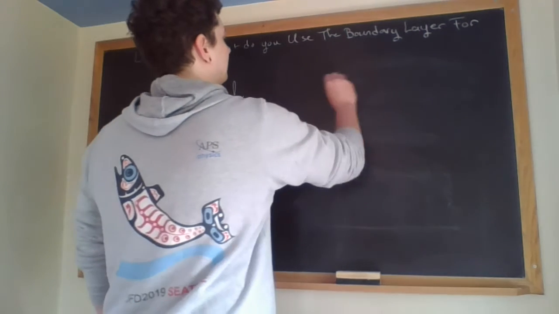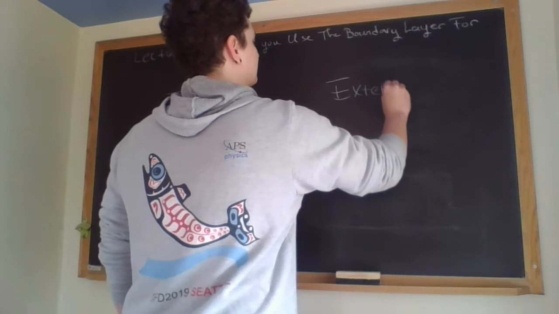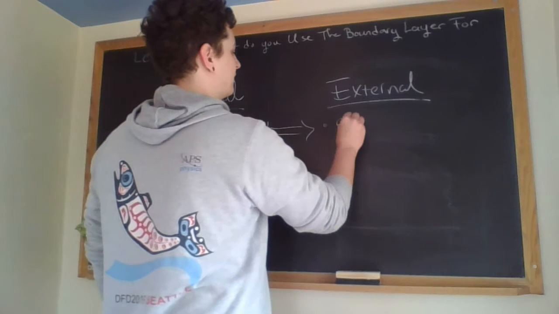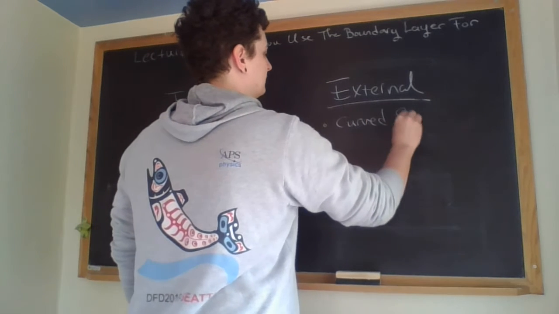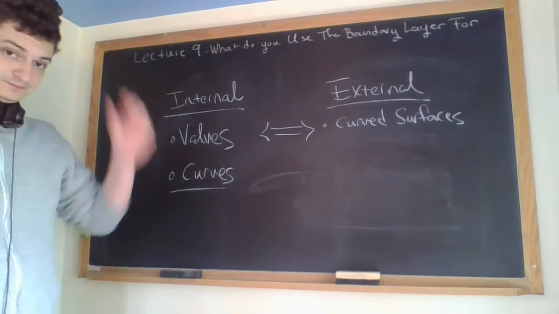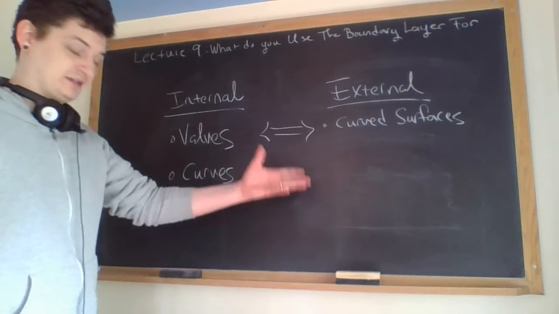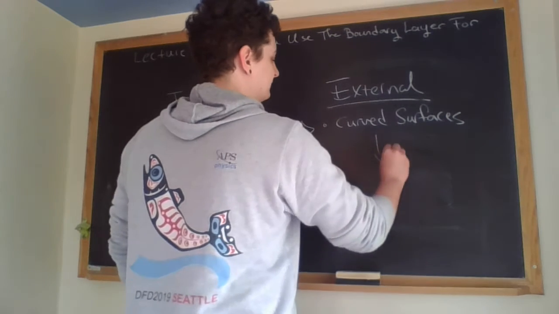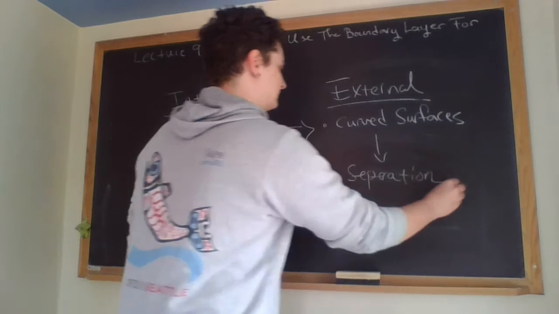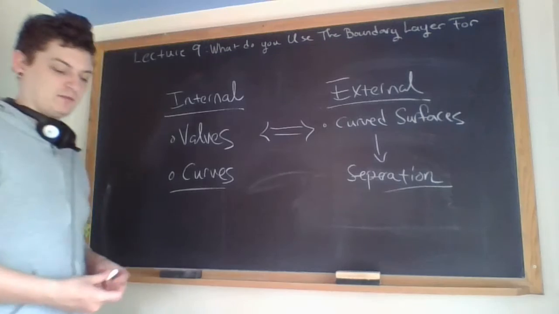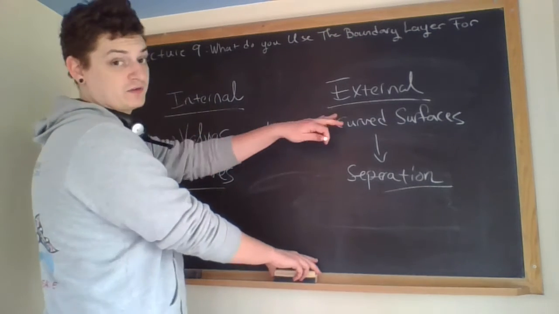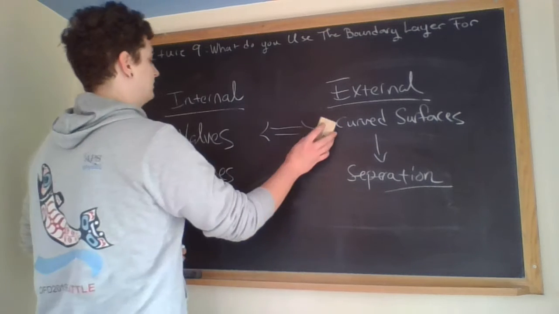So very analogously, for the external case, we're going to have this idea of curved surfaces, which will lead to pressure drops in the case of something called separation. So you're seeing a lot of the same things come about from the internal to the external, but you're going to see now how the curvature of a surface affects the pressure distribution on it.